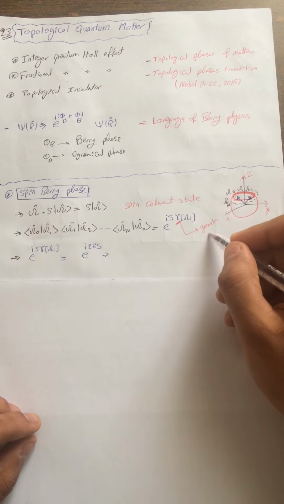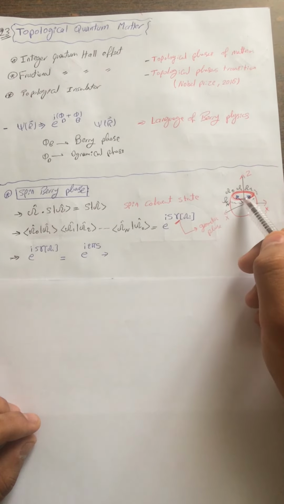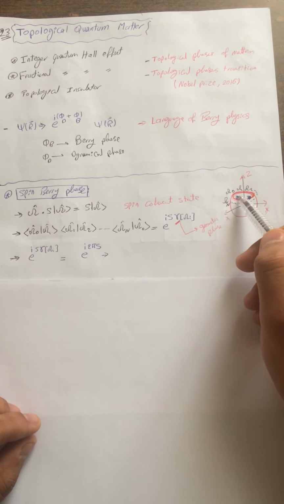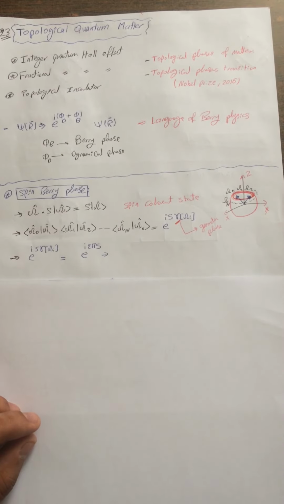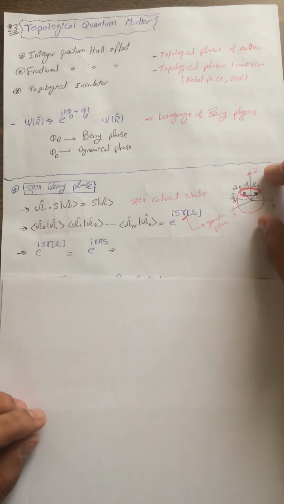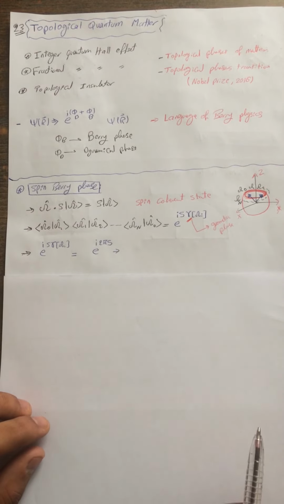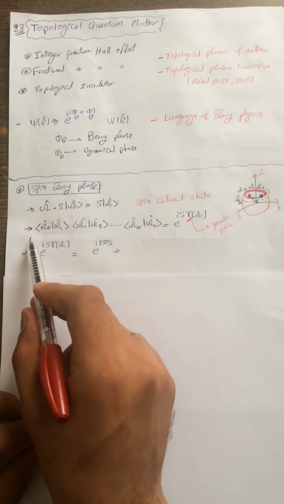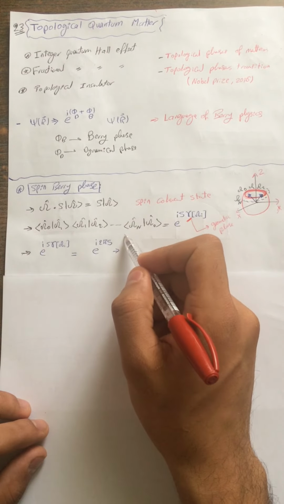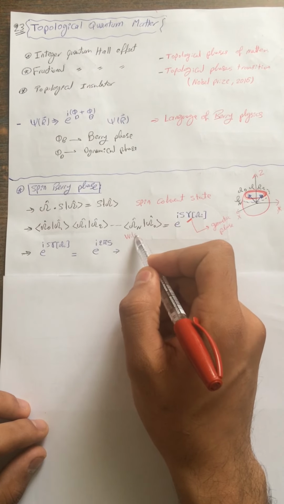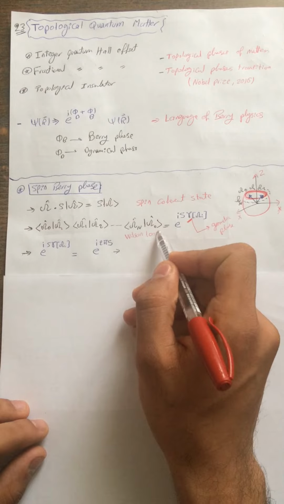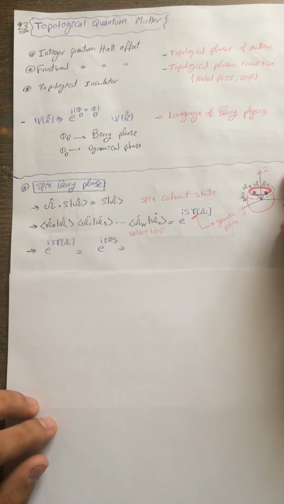It represents the area of this part of the whole sphere, the circumference here. And by the way, this expression is called the Wilson loop expression. So it's called a Wilson loop if you take the whole overlap of the spinors.